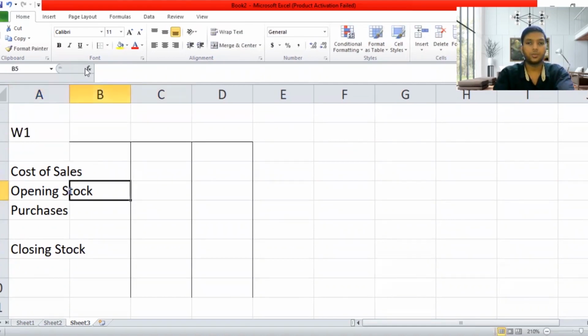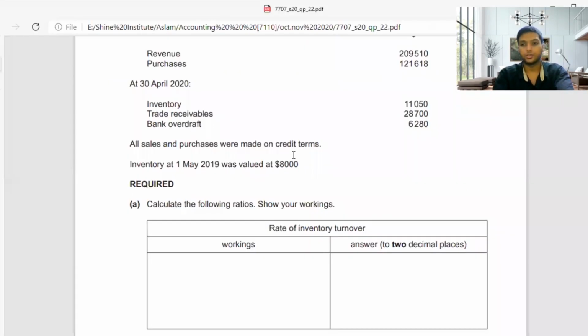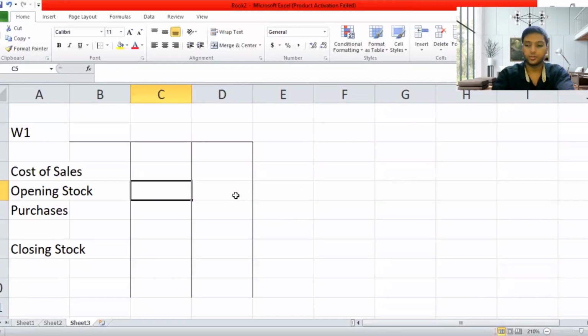So let's see how much your opening stock is. Opening stock is how much, guys? 11,000? No, opening stock is 8,000, and purchases are 121,618, if I'm not mistaken.